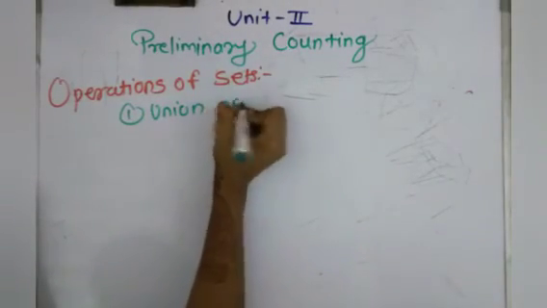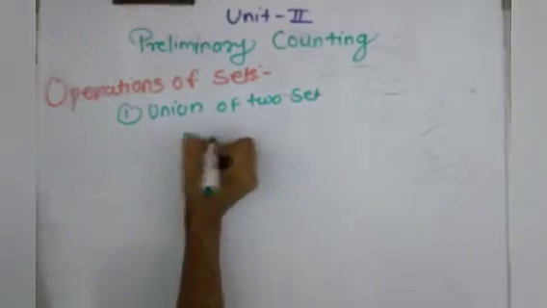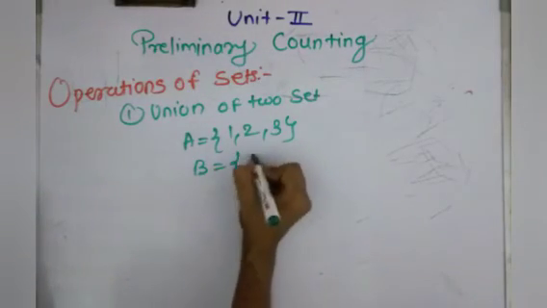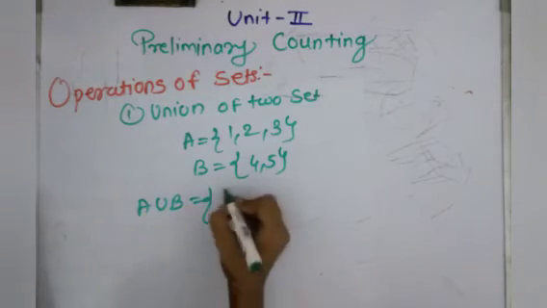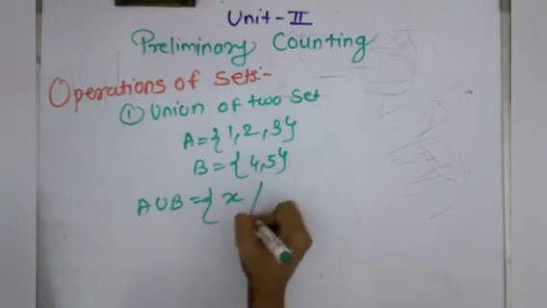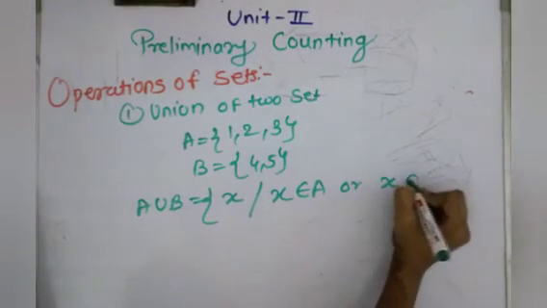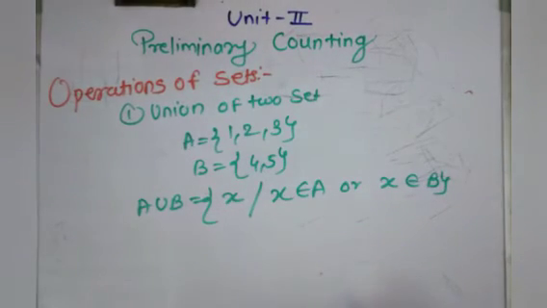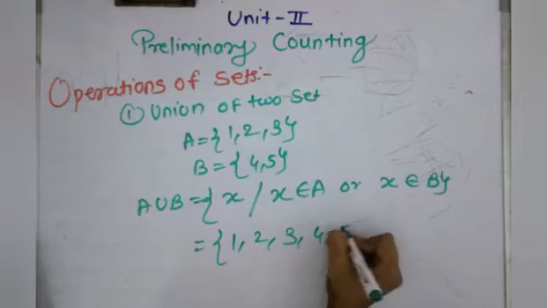Union of two sets: suppose A equals {1, 2, 3} and B equals {4, 5}, then A union B equals the set of X such that X belongs to A or X belongs to B. Means the given element X is in A, otherwise it is in B. So the answer is {1, 2, 3, 4, 5}, right?